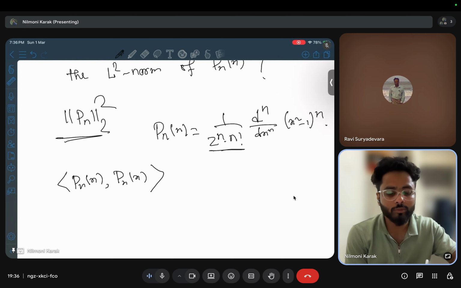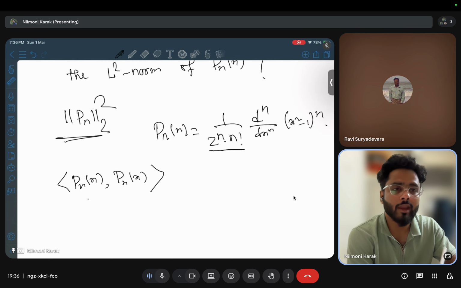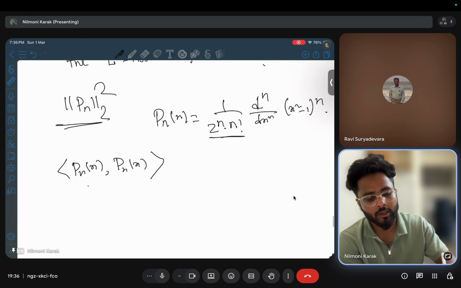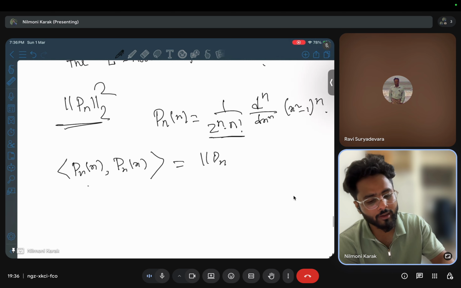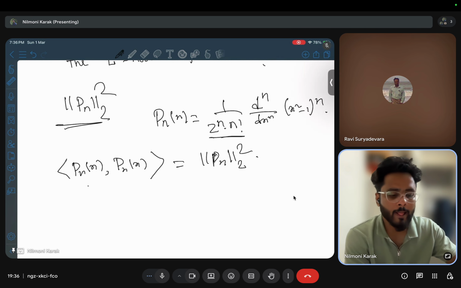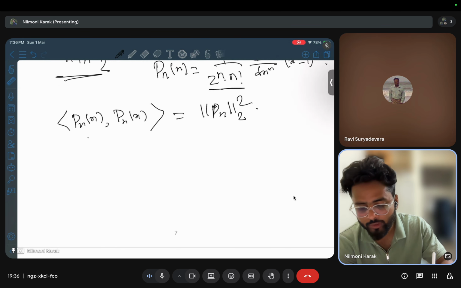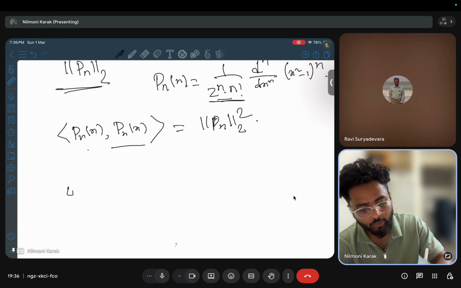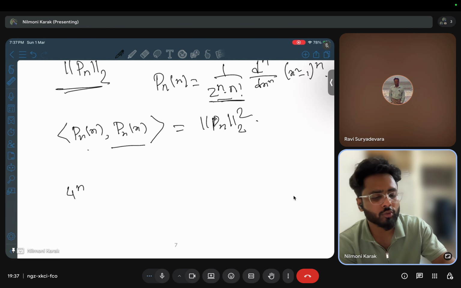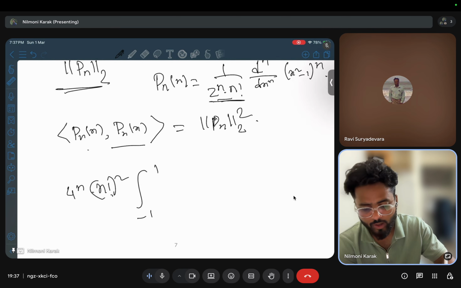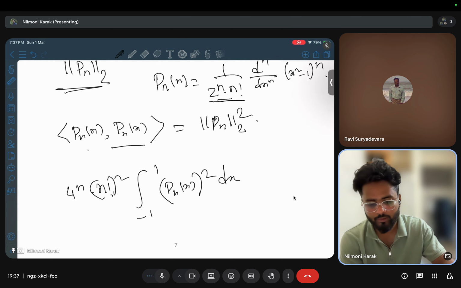So the inner product should be Pn(x), Pn(x), here m equals n. That is only norm Pn square, and we want to calculate this. So for simplicity, we first multiply by 4 to the power n, n factorial square, and integration from minus 1 to 1 of Pn(x) square dx.